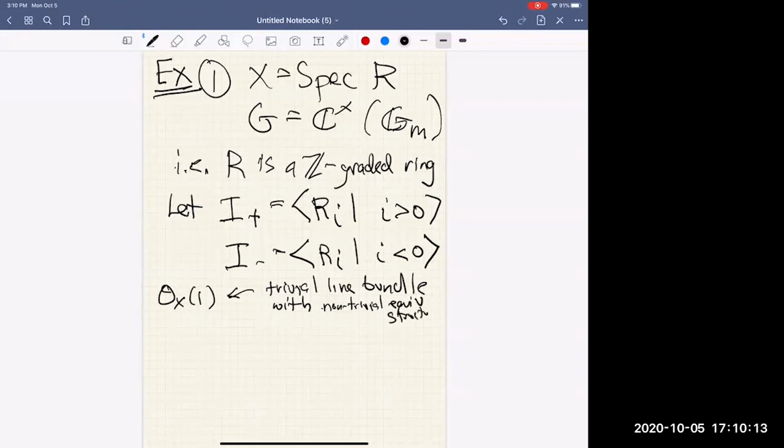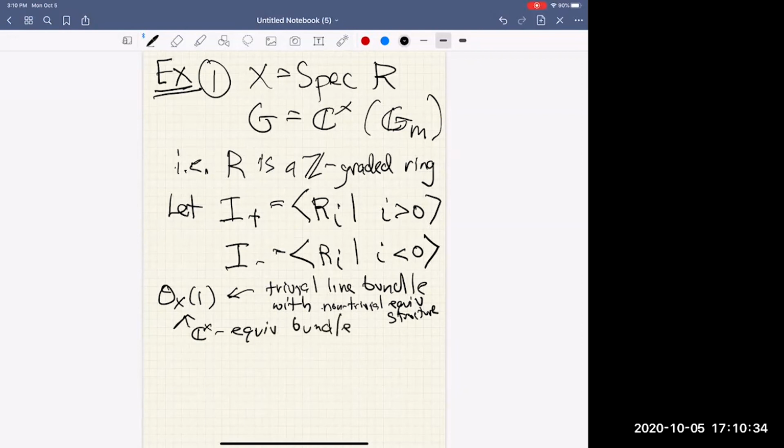So we've taken the natural equivariant structure on the trivial line bundle and we've twisted it by the character corresponding to the identity for C star. That's what that means. So that's a G equivariant structure on an ample line bundle. So this is a C star equivariant bundle.